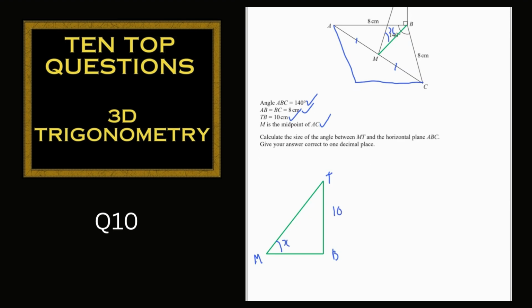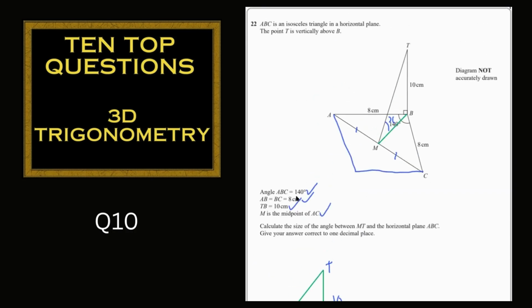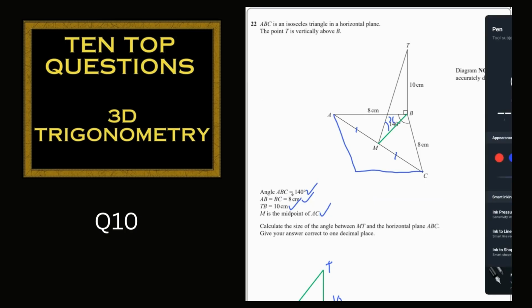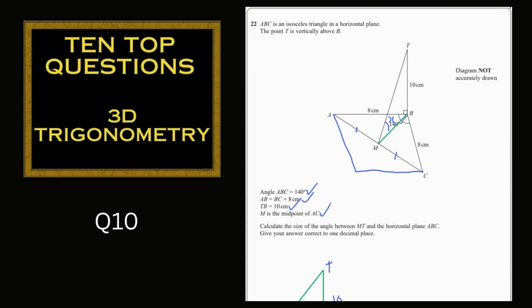As always, what we don't have is a second side. We would really like to have either M to B or M to T. If you're not sure, say to yourself, what information have we been given that we haven't yet used? And it's that 140. Now, if I just change my pen seamlessly, look at this triangle in here. By being the midpoint, that's a right angle.